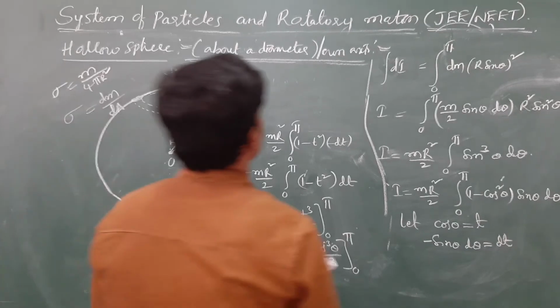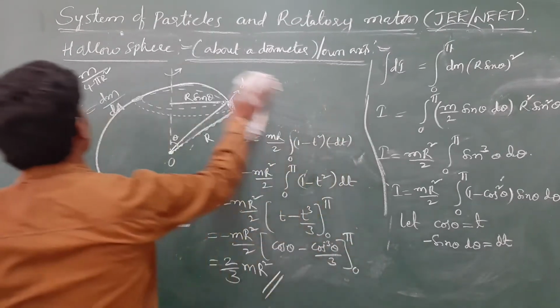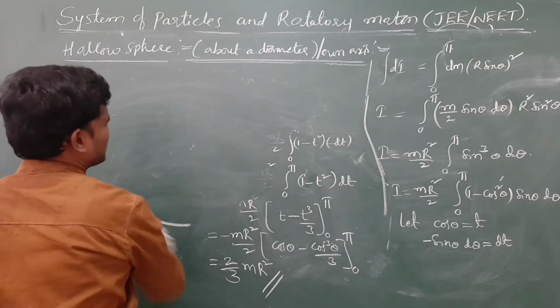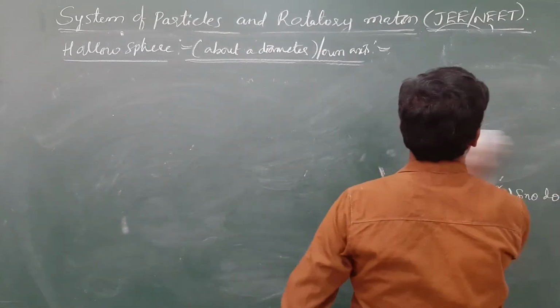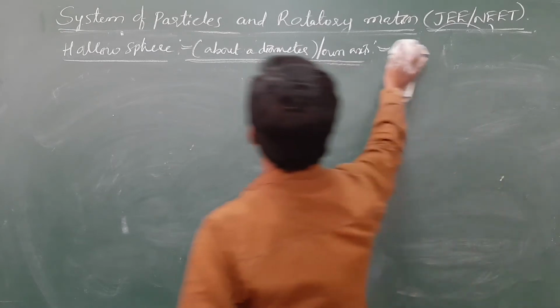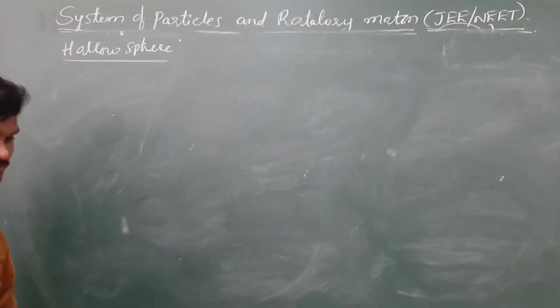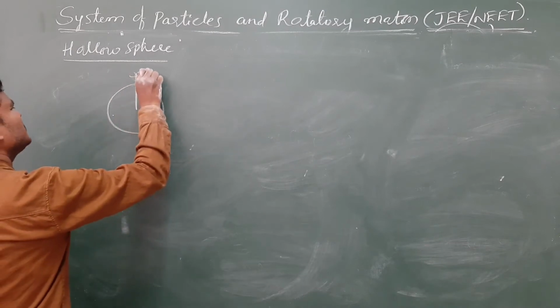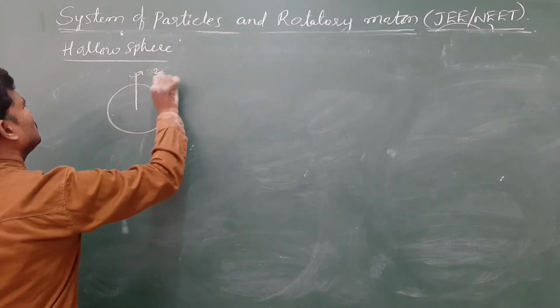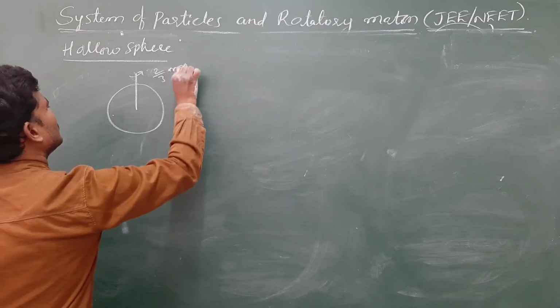This is about one axis. Now let me find about a tangent. For a hollow sphere about one axis, how much are you getting? 2 by 3 m r square.